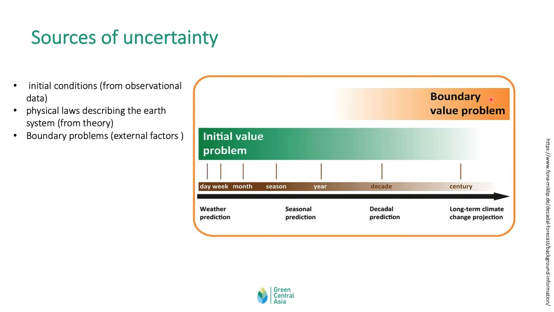If we want to forecast or predict 100 years in advance, the problem is we never know how many volcanic eruptions we're gonna have in 100 years. We don't know how is the carbon dioxide emission in 100 years. We don't know how the humans are gonna behave in the future, because it's very, very dependent on our behavior.